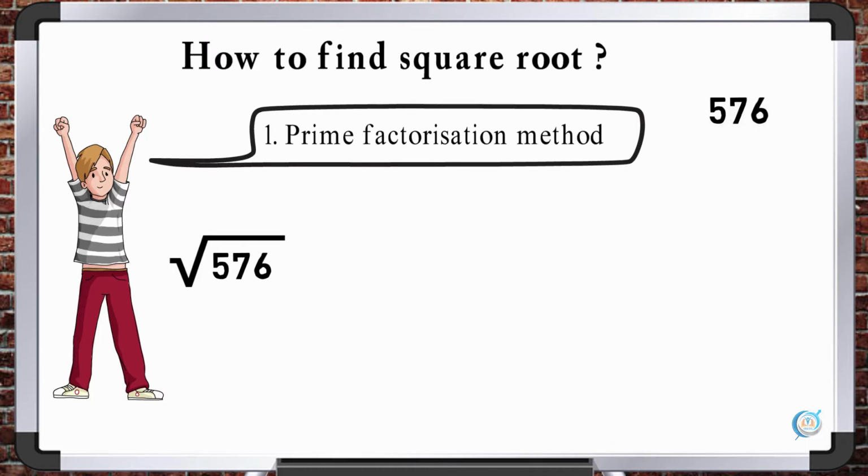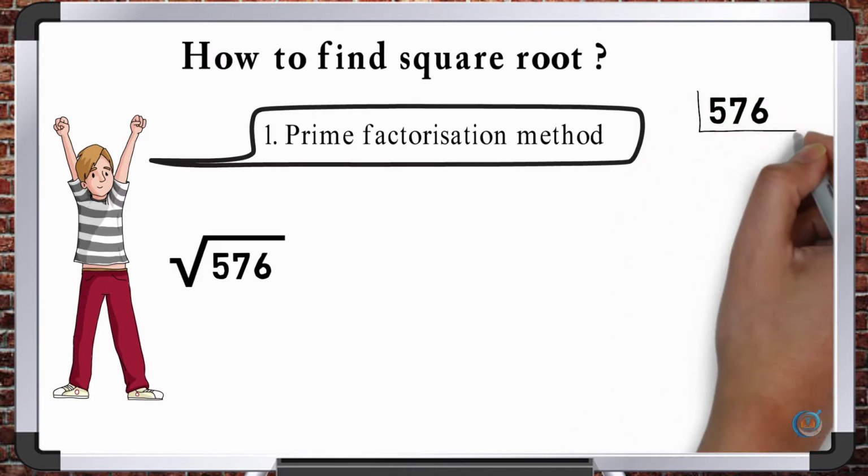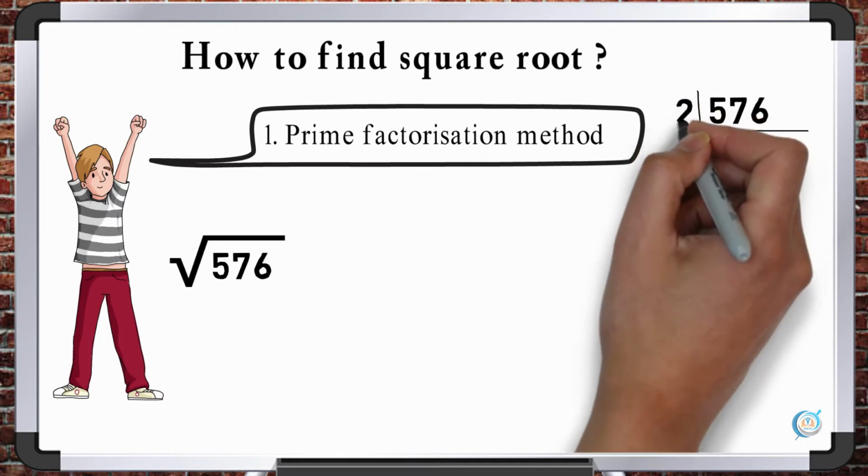576 we are doing the prime factorization, that is dividing with the prime numbers. So first, since it is an even number, we will divide with 2.